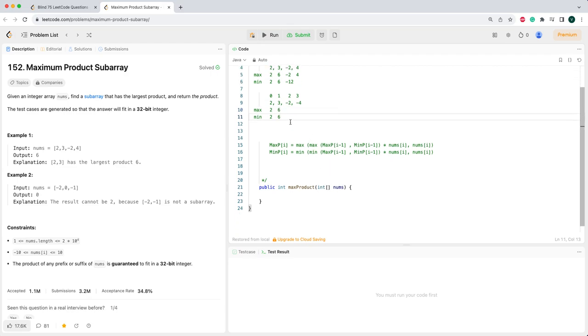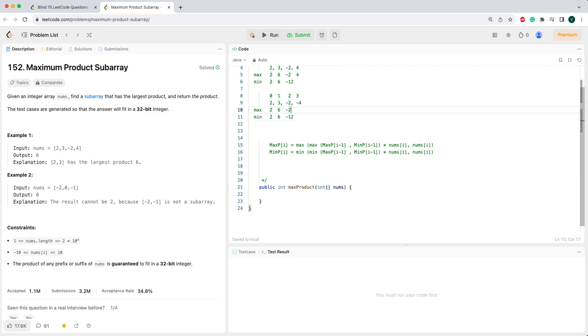Now in this case, the maximum is 6 and minus 12, and here it is the minus 2 only. And here again we need to find the minimum, which is the minus 12.